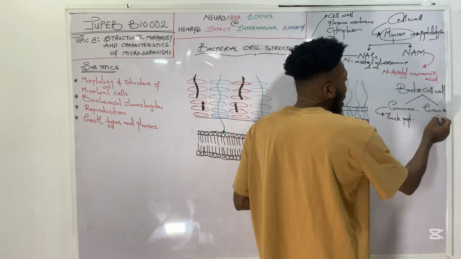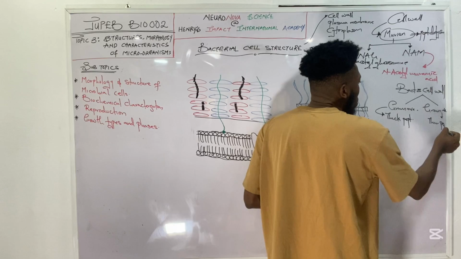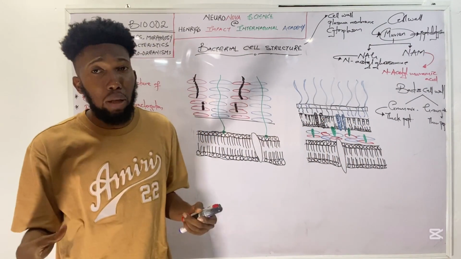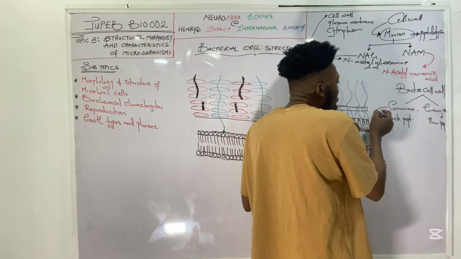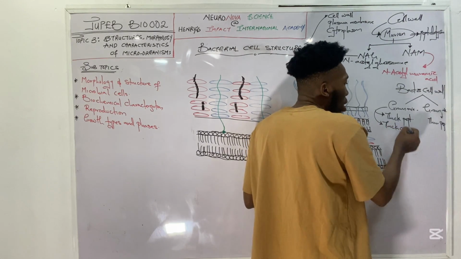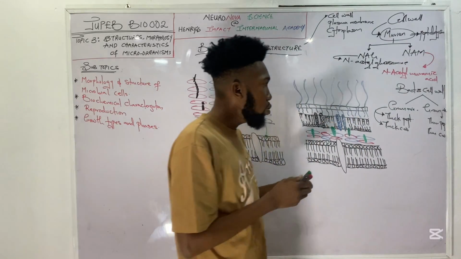But when we're talking about gram-negative, they have a thin layer of peptidoglycan. And I told you that peptidoglycan is what is responsible for the thickness of the cell wall. So automatically, gram-positive bacteria have a much thicker cell wall, while gram-negative have a much thinner cell wall.